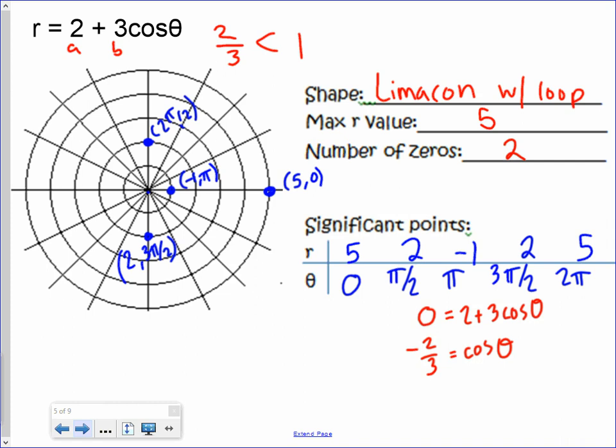Now, when those points are plotted, you can't just connect the dots. So you have to remember what shape it is. It's a limacon. It should be round, and it's a limacon with a loop. So even though we don't know what the angles are, we do know it's crossing here at the pole.